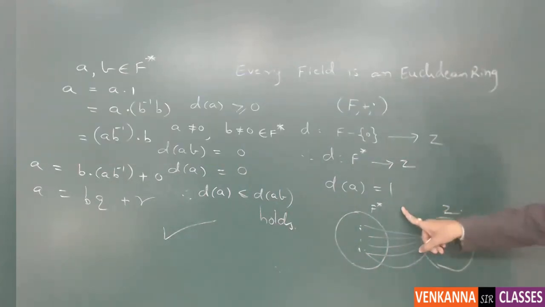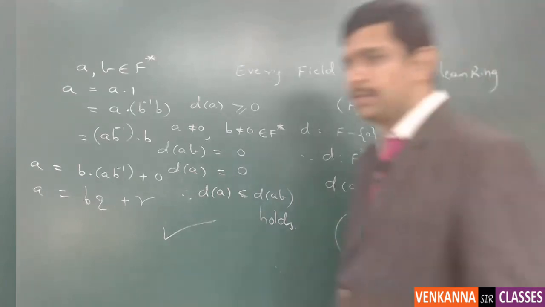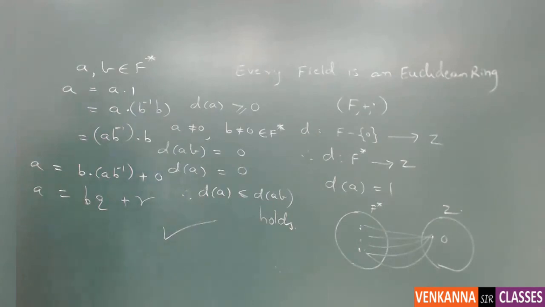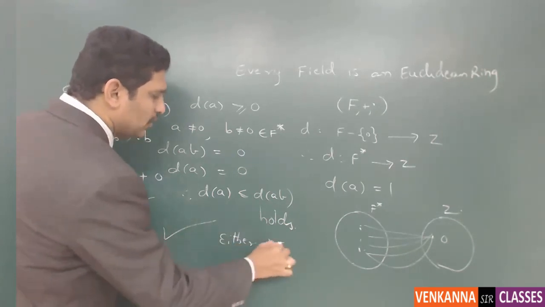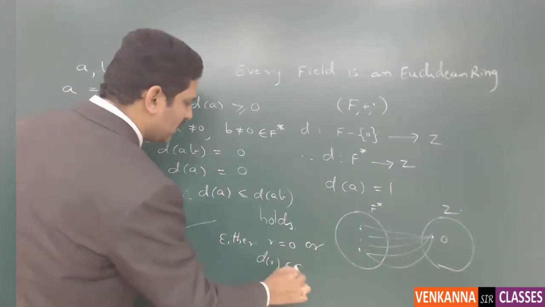In this way also you can prove that it is an Euclidean ring. So the main thing here is you should be able to define a function which satisfies the two conditions. Please understand, either R is equal to 0 or D of R less than D of B.